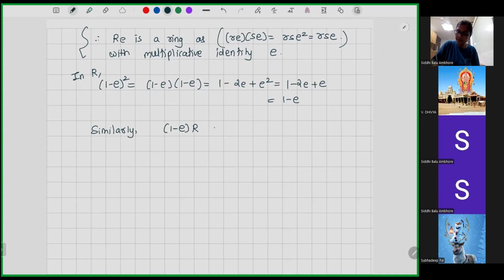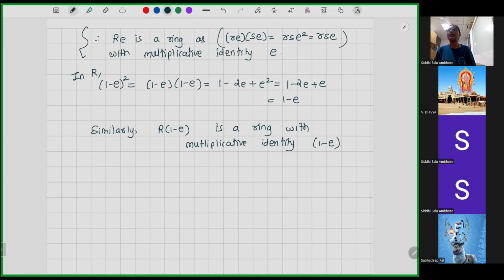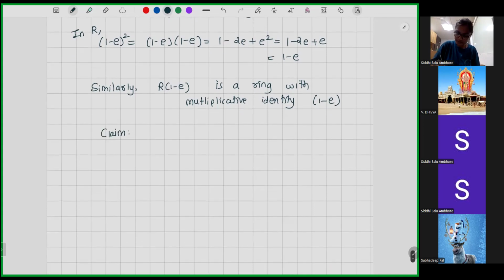So similarly, we will have R(1 minus E) as a ring with multiplicative identity 1 minus E. RE had multiplicative identity E. So our claim is that R is isomorphic to RE cross R(1 minus E).